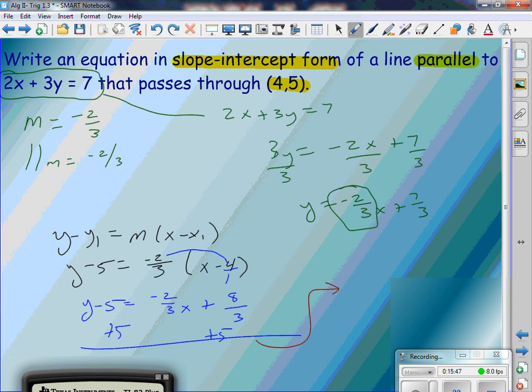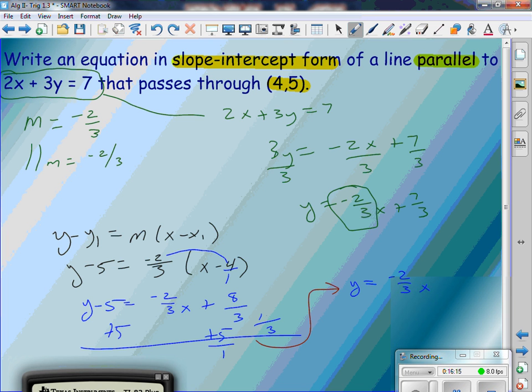All right, I'm going to go right up here. y equals negative 2/3 x. What's wrong right now? What's my denominator on this one right now? My denominator right now is 1. It needs to be a 3.